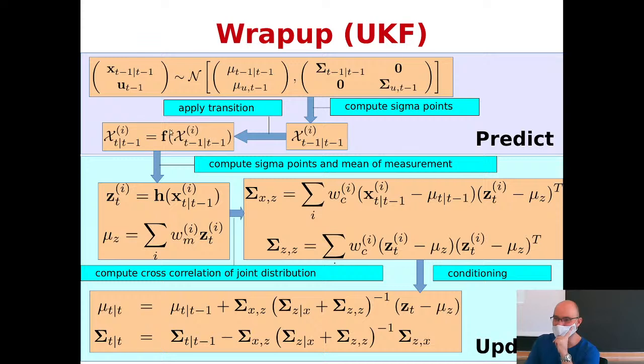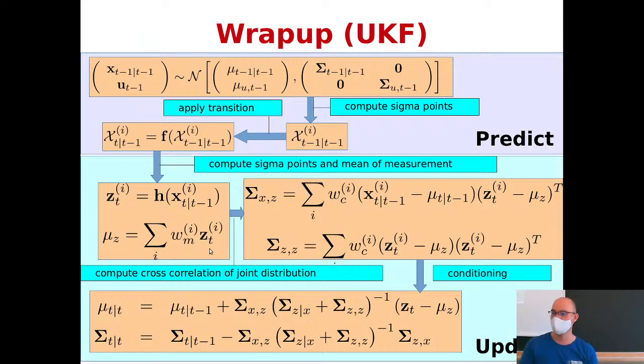At this point, we apply the transition, and we obtain a new family of sigma points, which are the unscented points in the next state. Then we can calculate the sigma points and the mean of the measurement, because we take each of those and we project them through the measurement function. And then we get this tiny little Zi that I'm happy about, which is my little tiny predicted measurement.